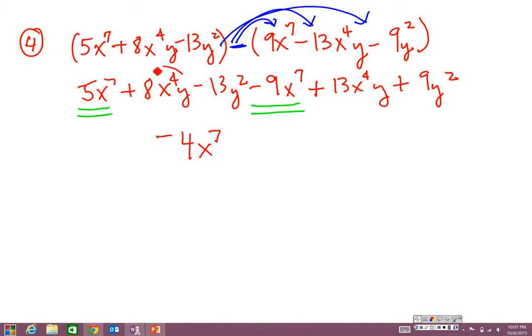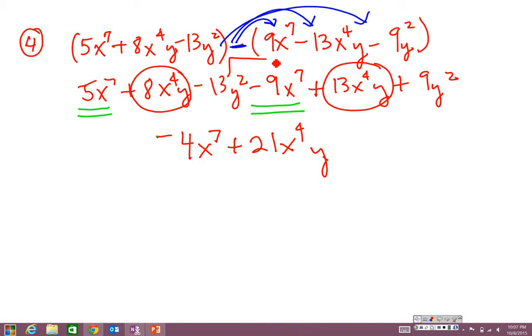Now we have a positive 8x to the 4th y and a positive 13x to the 4th y. That'll give us positive 21x to the 4th y. Lastly, we have a negative 13y squared plus 9y squared. Add those like terms together, you'll get negative 4y squared. So this is your answer.